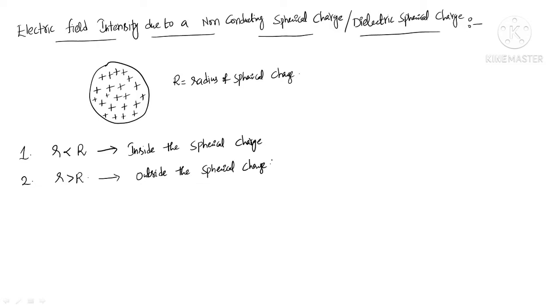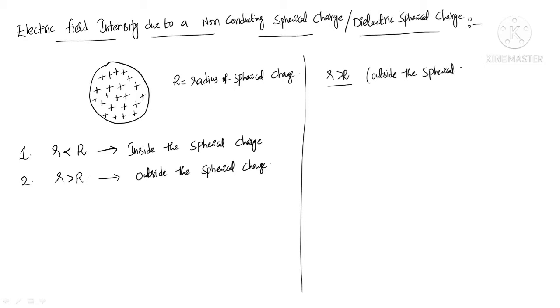Now let us see one by one. I want to show this region first of all, because it is common for any type of spherical charge. That's why I am considering the first case, which is r greater than R, the region outside the spherical charge.